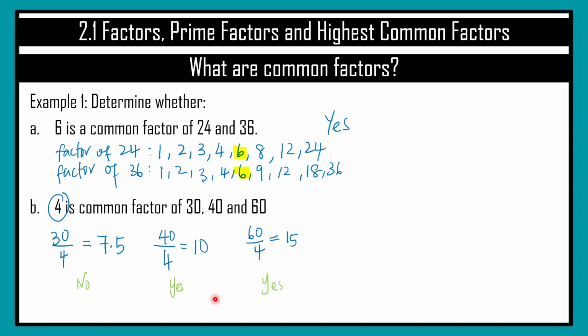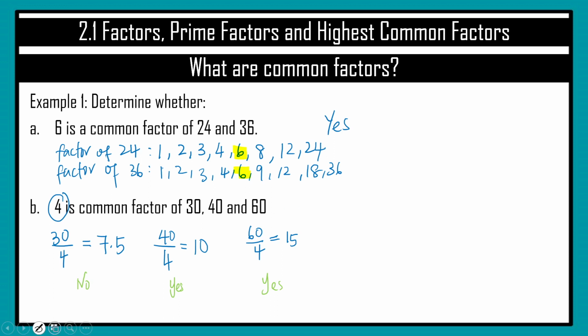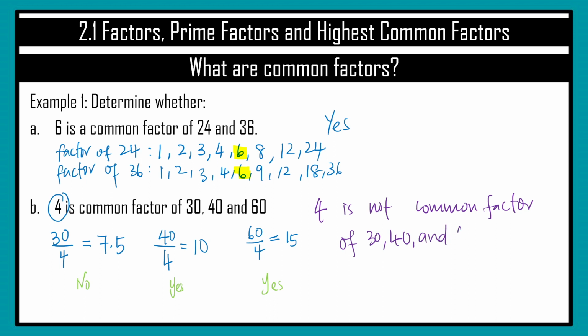If there is one no present when we are checking for factors, then I'm going to write here that 4 is not a common factor of 30, 40 and 60.